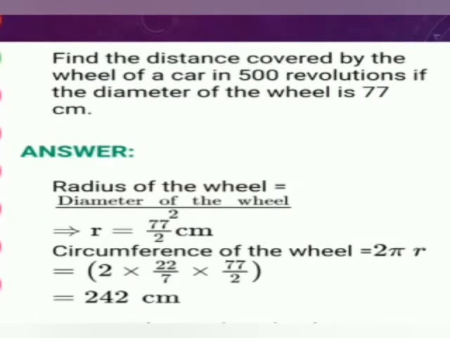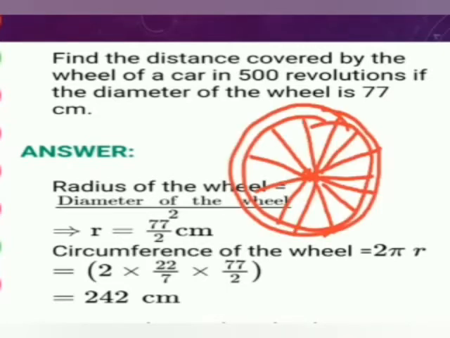Now the next question is, find the distance covered by the wheel of a car in 500 revolutions if the diameter of the wheel is 77 centimeters. So here, a wheel is there and its diameter is given to you as 77 centimeters. Now it is asking how much distance this wheel will cover in 500 revolutions.